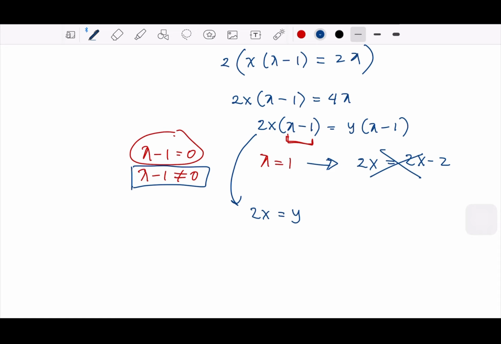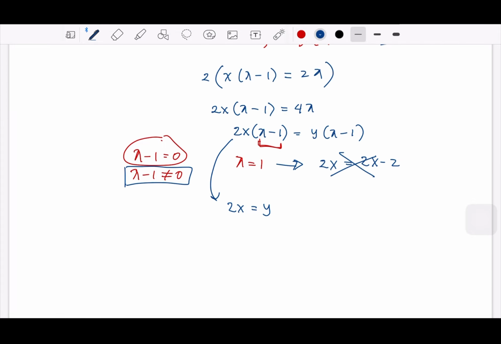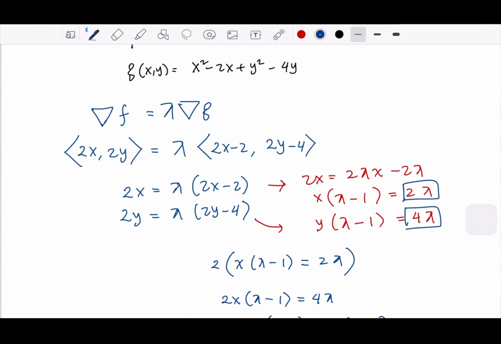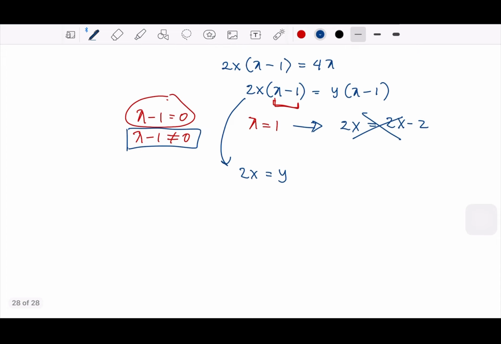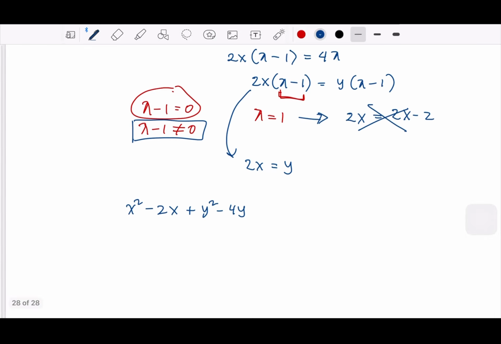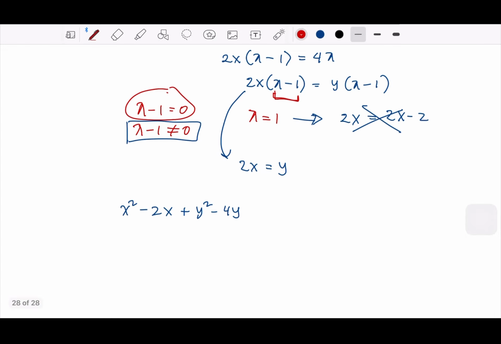Okay. And now if we take our constraint, that is this equation, okay, so our constraint is x squared minus 2x plus y squared minus 4y. So let's exchange all the y into x.